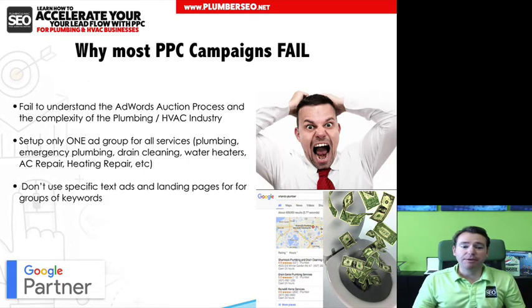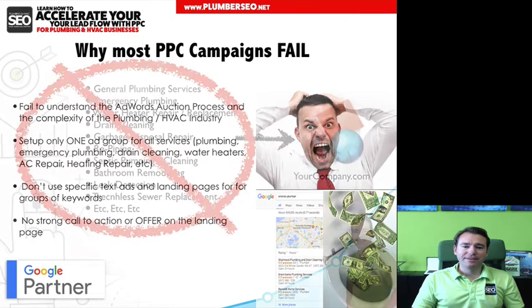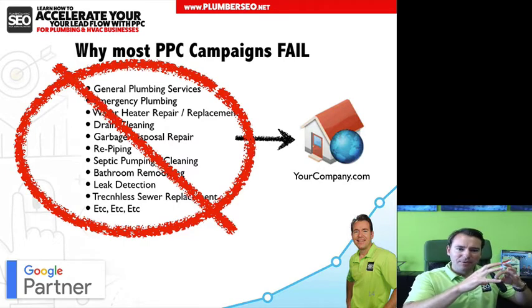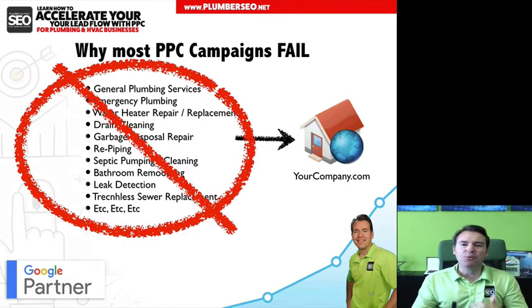And that is a recipe for failure. So as a visual, this is why most PPC campaigns fail in the plumbing and HVAC space: really broad keywords all going to the homepage without any relevancy.